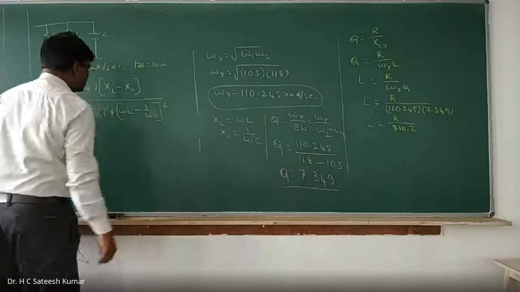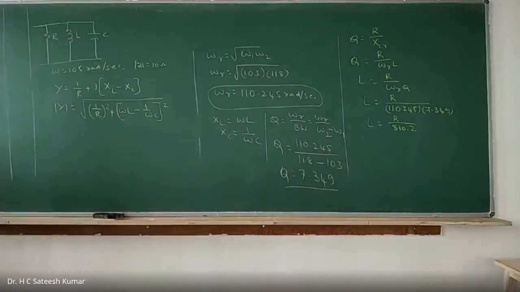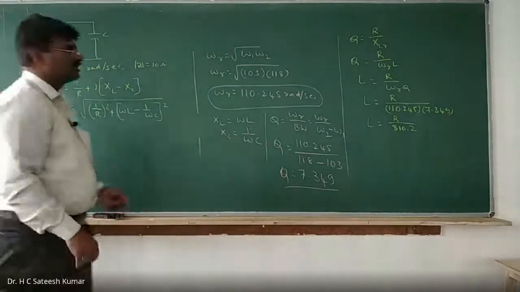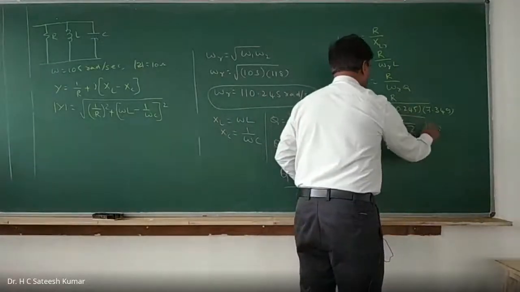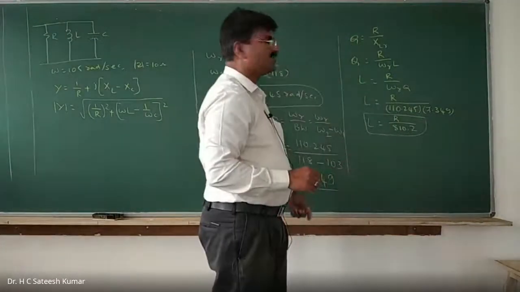We got it, right? So now we can represent everything in terms of R, so that we can get it easily. See here, we have L in terms of R. Similarly, we can get C in terms of R.